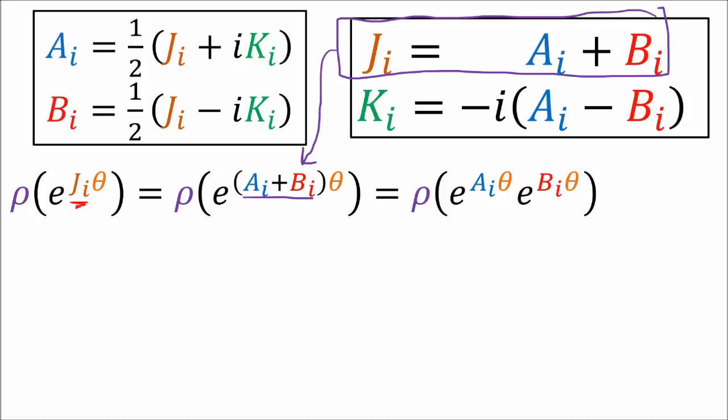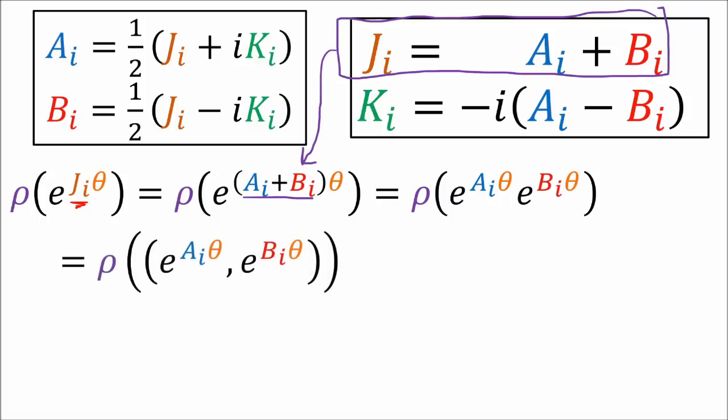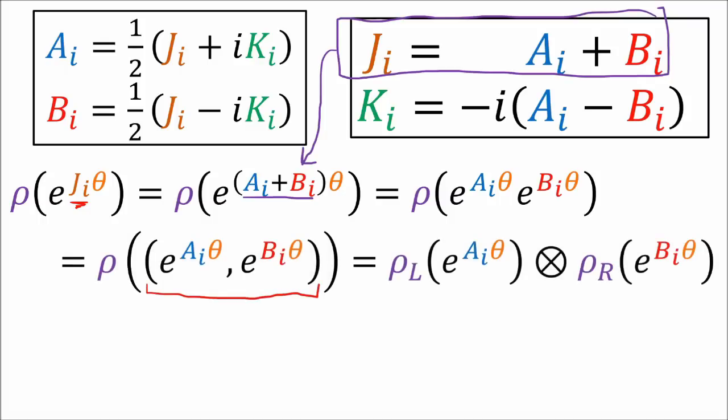As we explained previously, we can write these commuting group members as an ordered pair, and the matrix representation can be written as a tensor product of a left representation ρl for the left group member and a right representation ρr for the right group member.